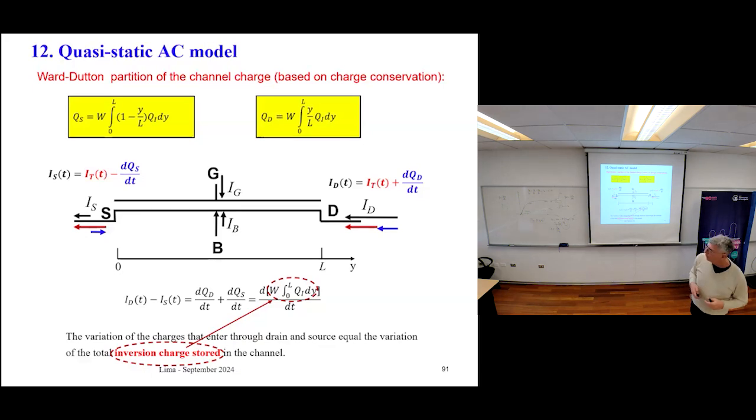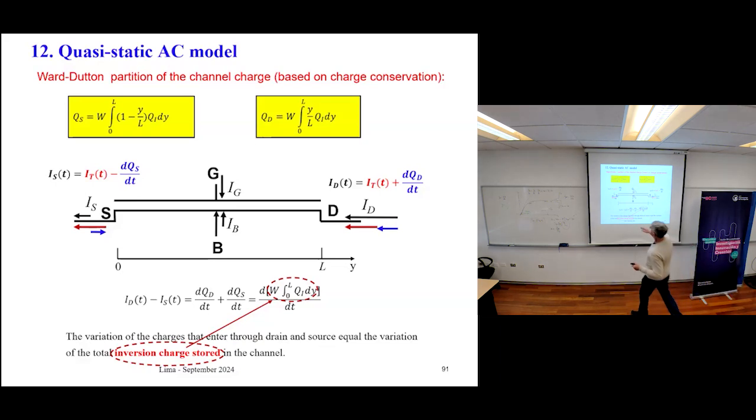You see, when you put something around this device, you need charge conservation. The sum of the charge entering the device should be 0. You need charge conservation.